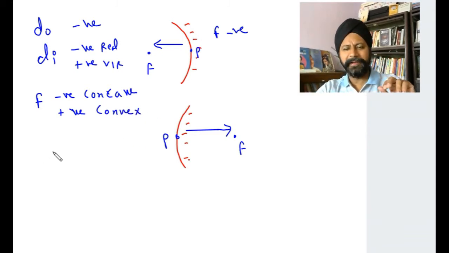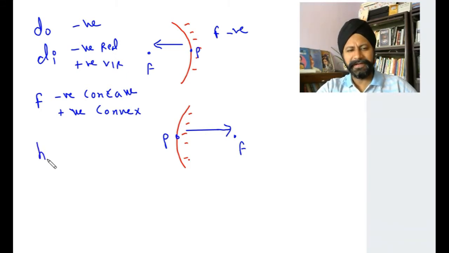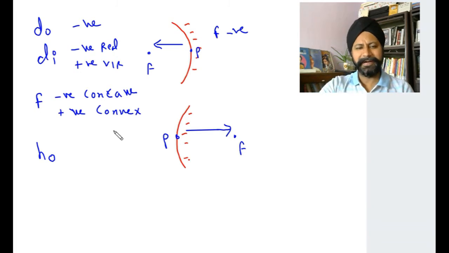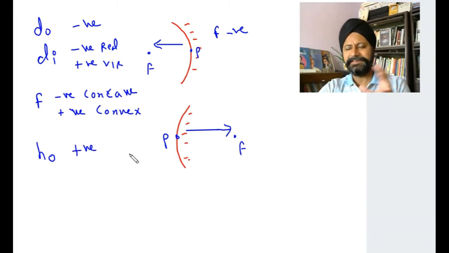Now there are two more variables. One is the height of the object. As a convention, you always put the object upright. You have to keep it upright, not inverted. So the object is always put upright, and so the height of the object is always going to be positive. That's by convention. There are certain exceptions to that, but in general.